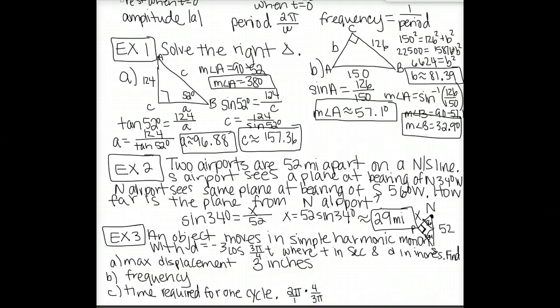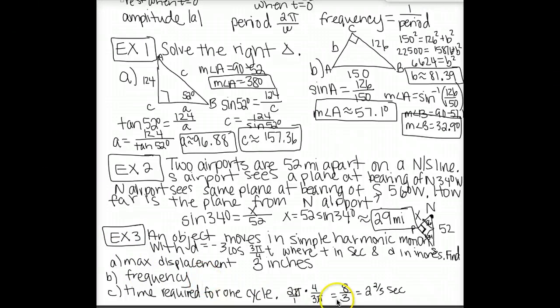So give this a denominator of 1. So the pi's are going to cancel. I end up with 8/3, which you can write this way if you want. Time required for one cycle, you can say 8/3 seconds. It probably would make a little more sense in this real life situation to say like 2 and 2/3 seconds. But the 8/3 is an acceptable answer.